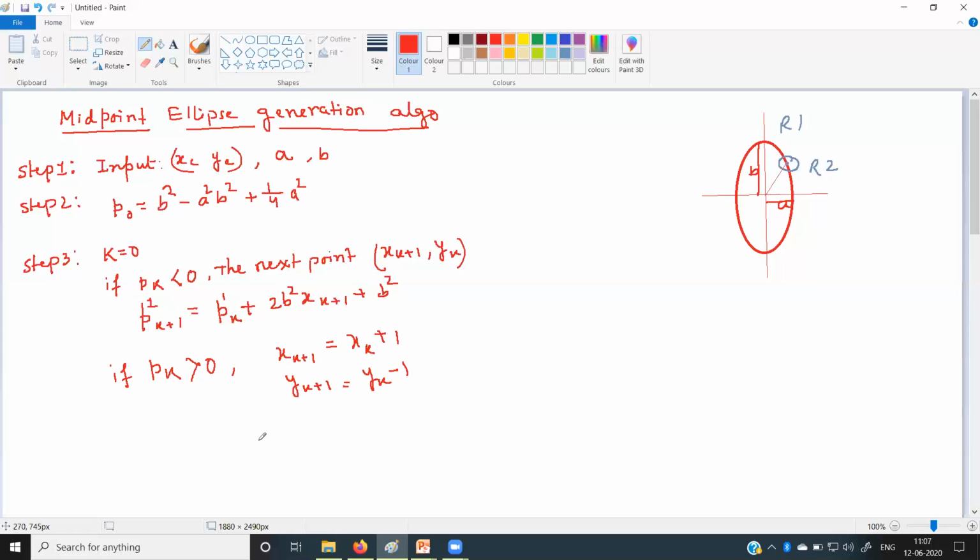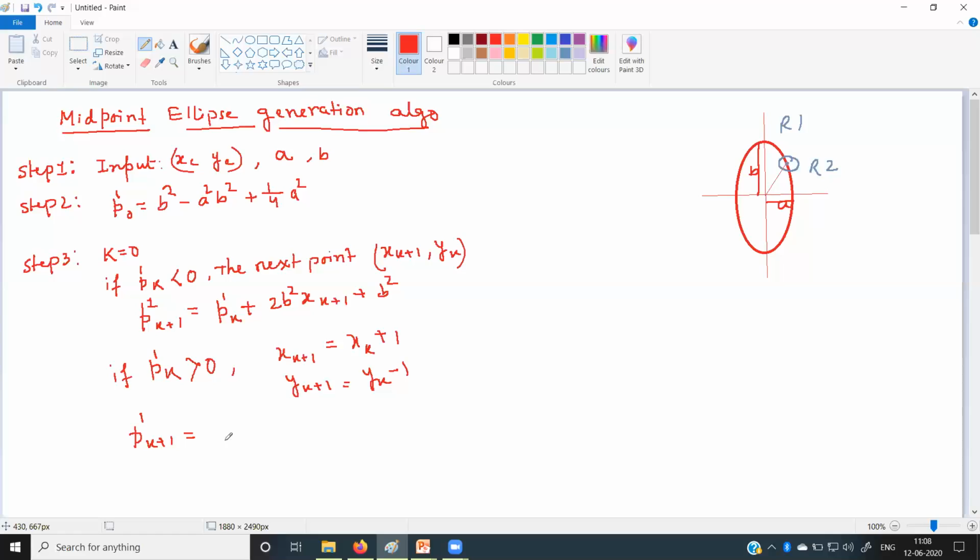Now based on this value, again we have to compute the decision parameter for the k plus 1th iteration, which is for region 1. So this is Pk of region 1, and this is also P0 for region 1. Now if the value of Pk is greater than 0, how do we compute P of k plus 1?